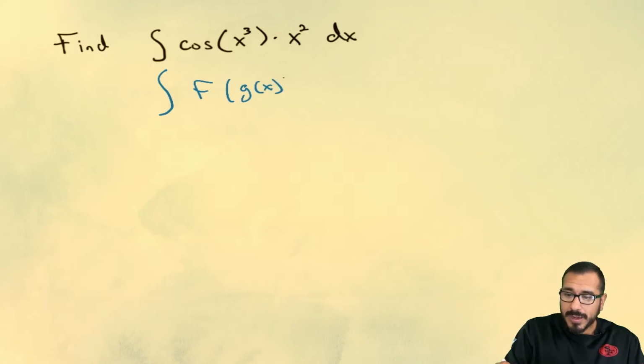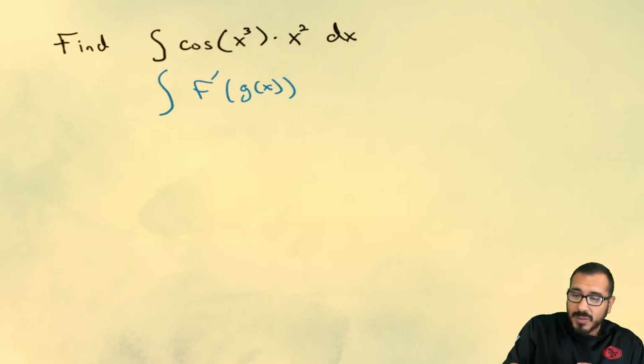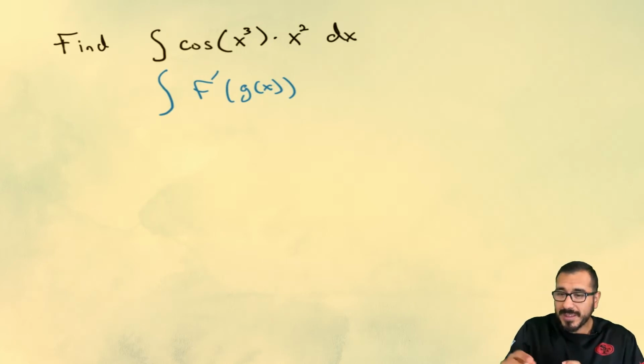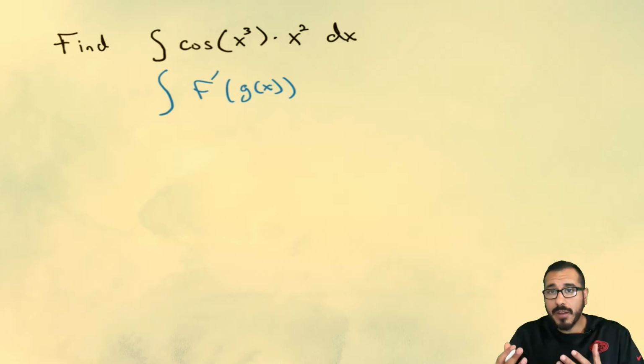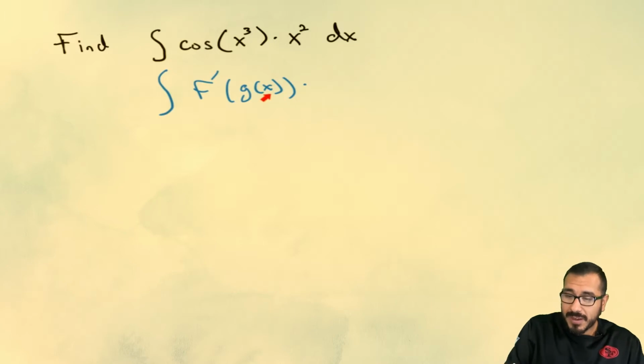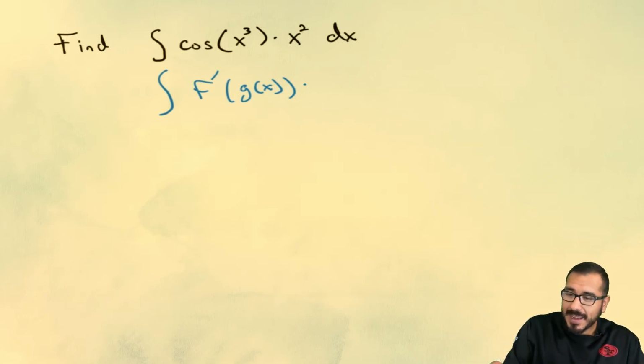We want this f to be the derivative of some function, so we want this cosine to be the derivative of some function that we'll call F, composed with some function g of x. And we want it multiplied by the derivative of g of x, or some form of it. We're going to do some manipulation to try to get it to look like g prime of x.